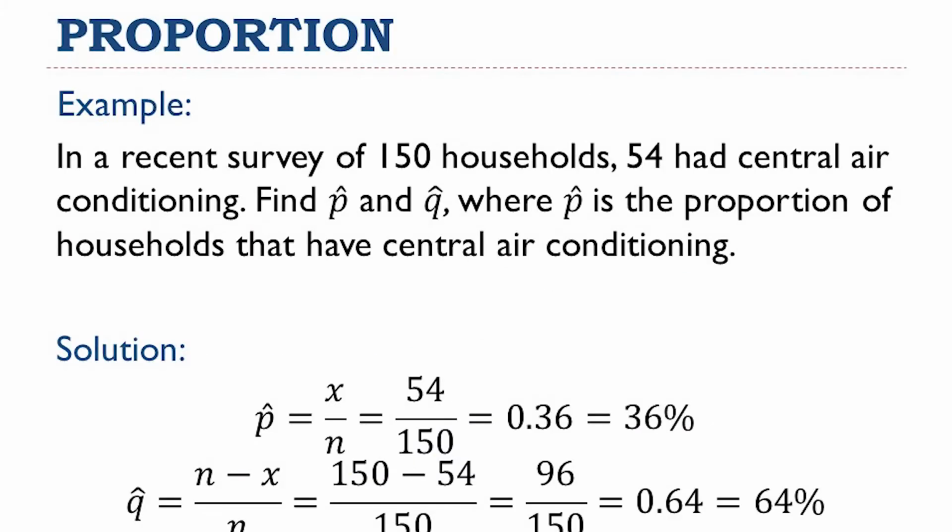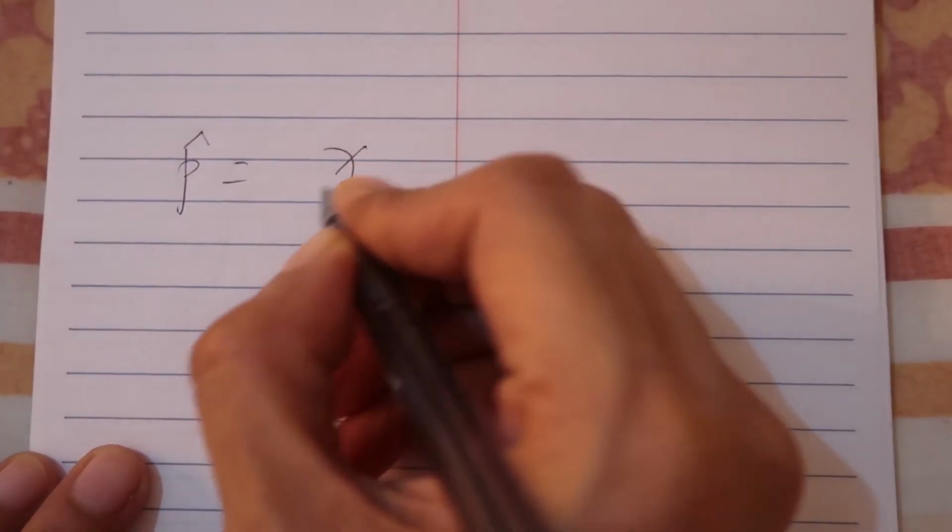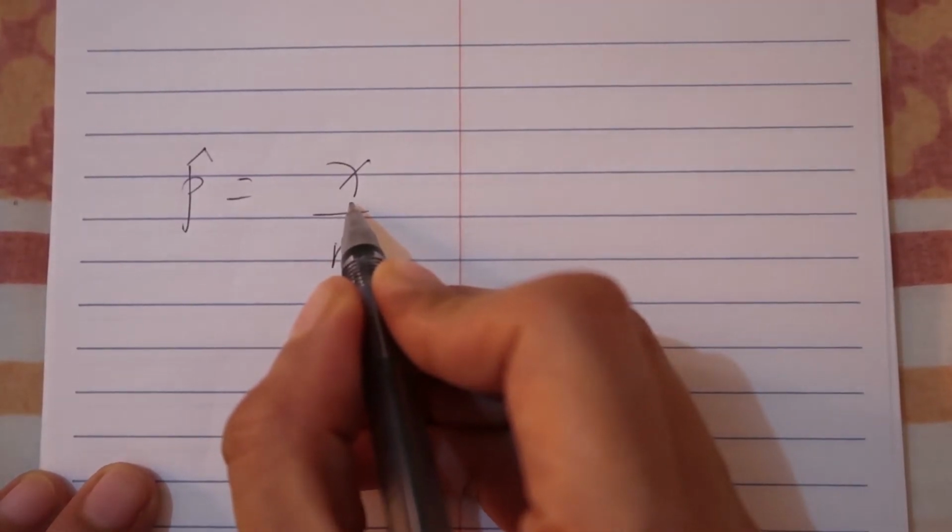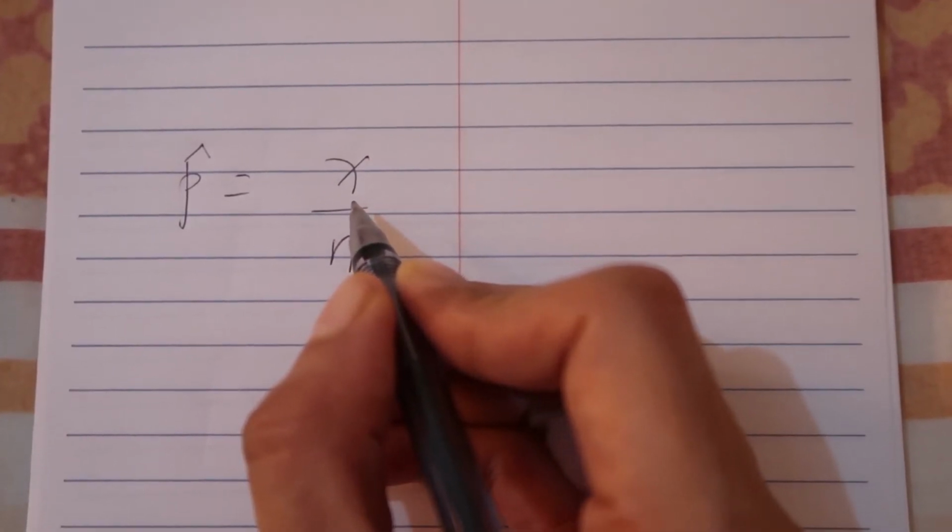So for example, in a recent survey of 150 households, 54 had central air conditioning. Find the P hat and then Q hat, where P hat is the proportion of the households that have central air conditioning. Remember, P hat will be X over N, where X refers to the number of units.